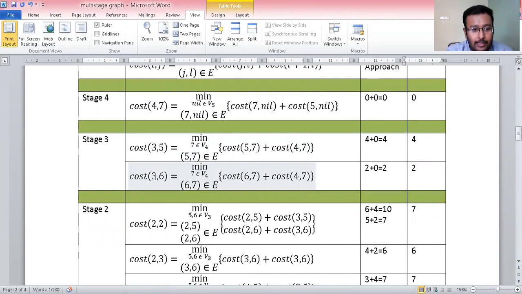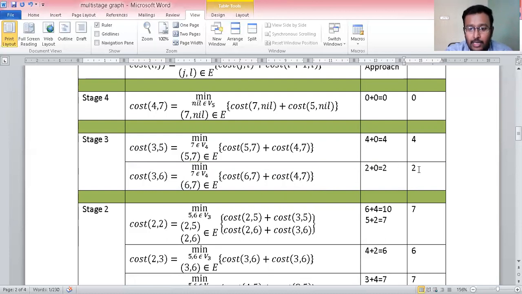In a similar way, I'll calculate the answer for vertex 6 at stage 3. I see there is an edge going from vertex 6 to vertex 7, so I'll calculate the cost of that edge from 6 to 7 plus the cost of the vertex 7 at stage 4. So the cost of the edge 6 to 7 is 2, and the cost of the vertex 7 at stage 4 is 0.